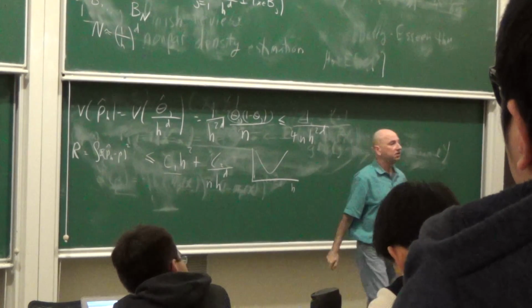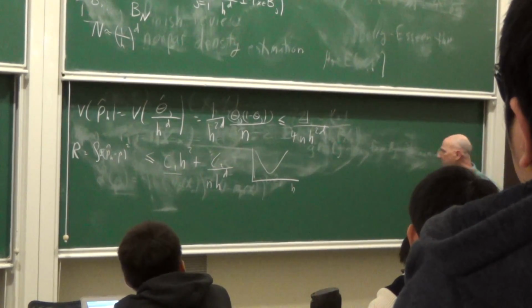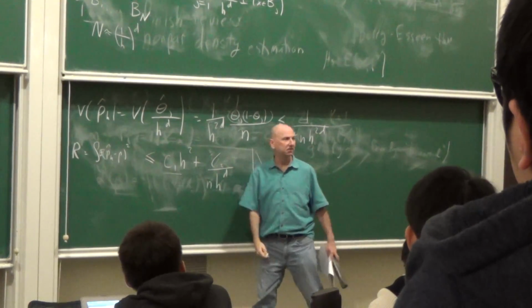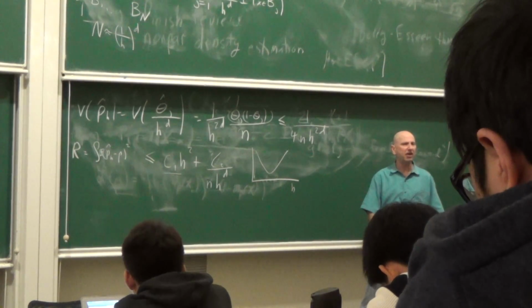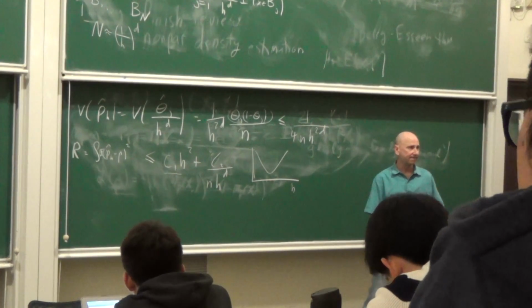Oh, question, yes. What happened to the 2d in the exponent? Oh, I've now started putting constants in. Because I'm just caring about this as a function of h and n at this point.